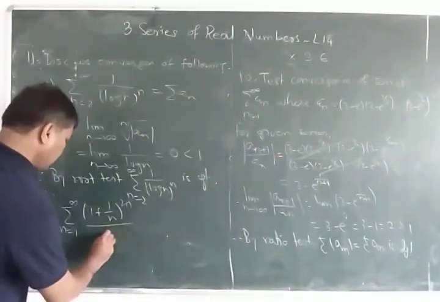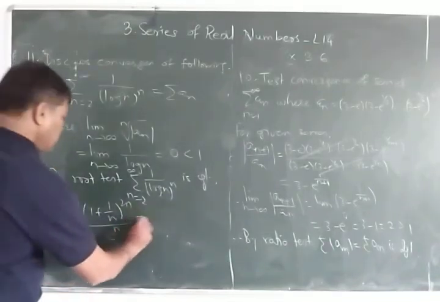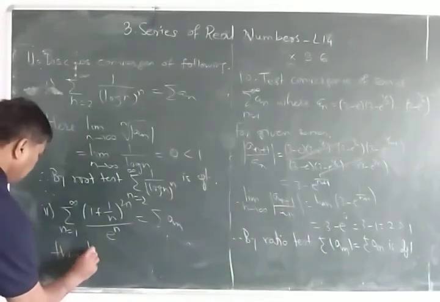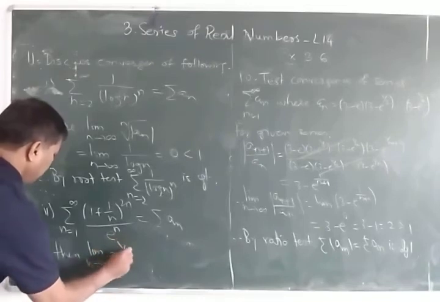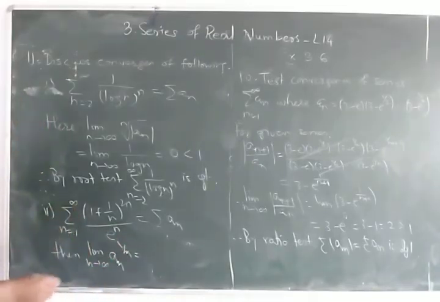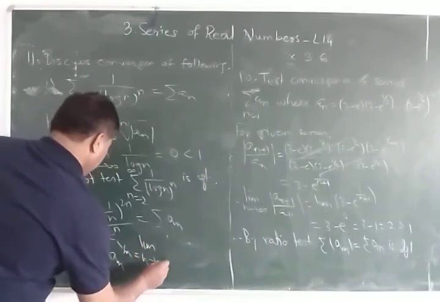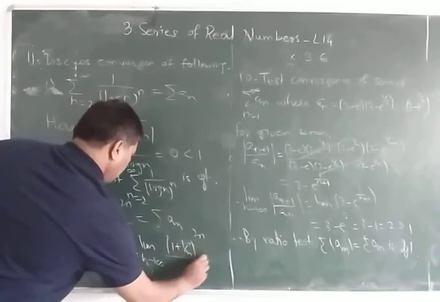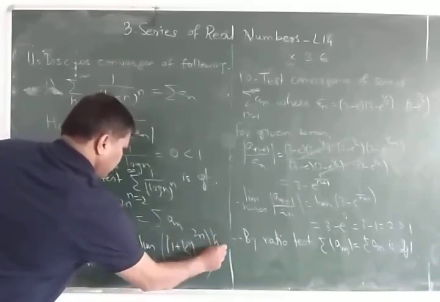So is equal to summation of a_n, then limit n tends to infinity of a_n raised to 1 by n. I am not taking mod because these are positive numbers. Limit n tends to infinity of 1 plus 1 upon n raised to 2n upon e raised to n, to the power 1 by n.